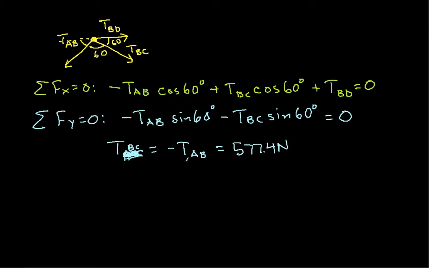This is from a value that we've already computed. Okay, so that's what we get from the sum of F y equal to 0.